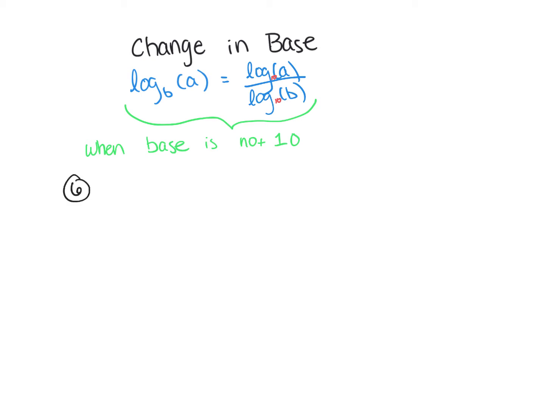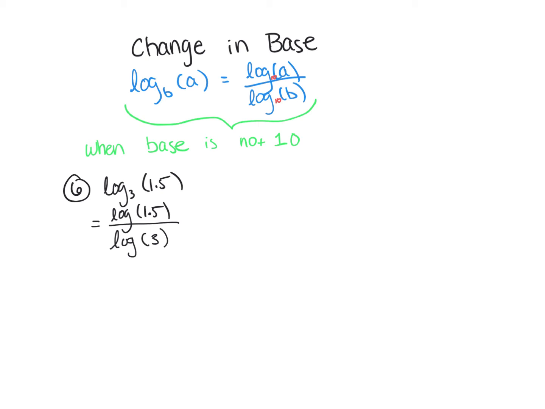If we take a look at problem number 6, we have log base 3 of 1.5. Now, some calculators can deal with this base of 3, some cannot. Since I don't want to penalize the people whose calculators cannot deal with this base of 3, I want everyone to show me the work of saying this is the same as log of 1.5, or whatever is in my argument, divided by log of 3, what my base was.